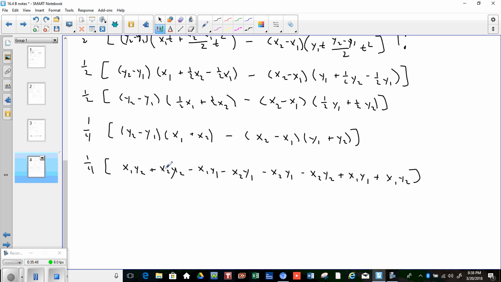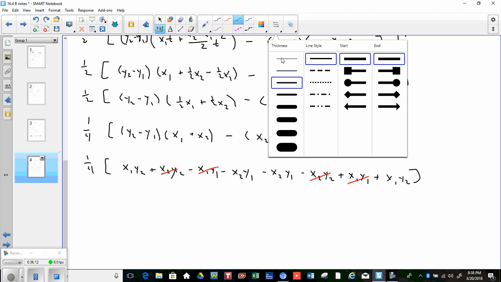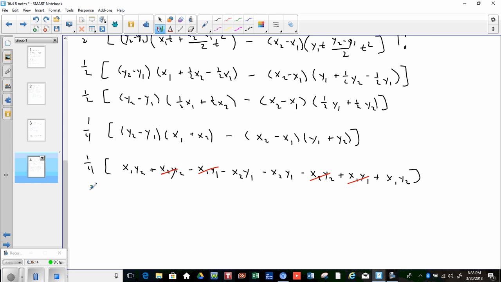Those don't go away. x2 y2 minus x2 y2. These go away. Negative x1 y1 and a positive x1 y1. Those go away. And then I've got a negative x2 y1 and another negative x2 y1. Those two things are not going to go away. So it looks like what I have is 1/4.